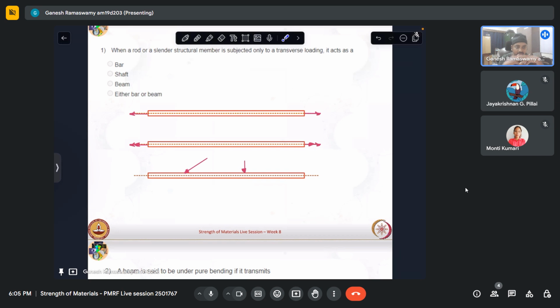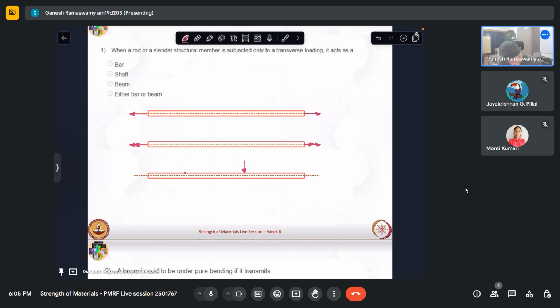If it is compression, we will call it a bar column strut, and if it bends, it will become a beam column and so on. Presently we are looking for structural members where the loading is only transverse to the axis of the member, which are referred to as beams.